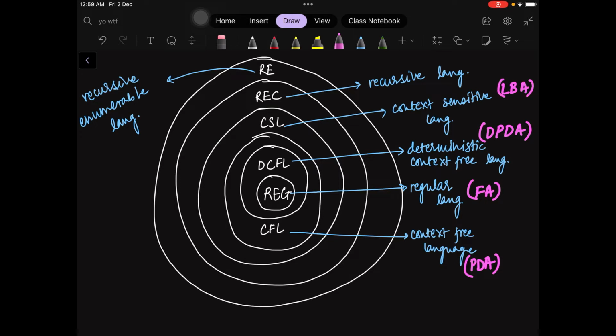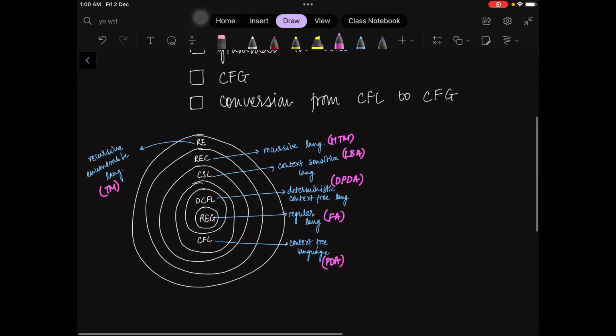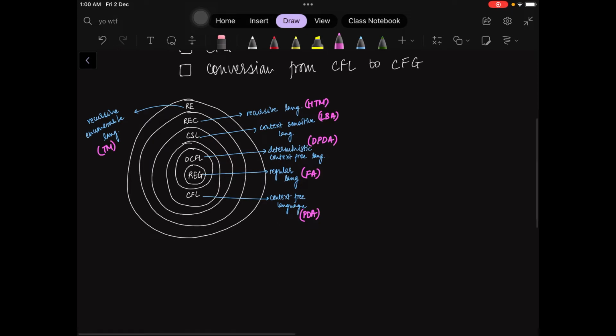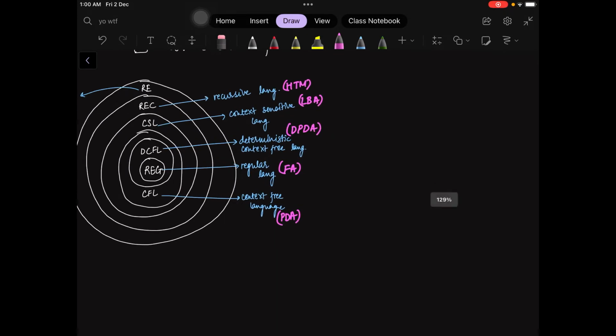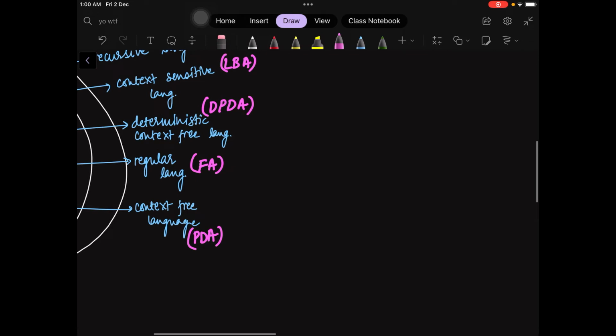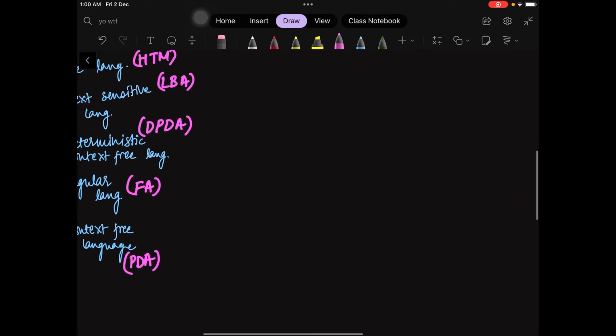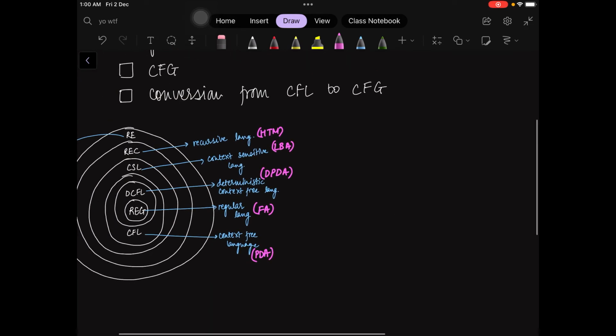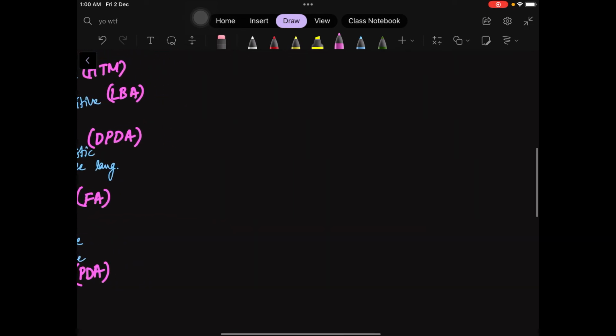Recursive language is accepted by halting Turing machine, and this is accepted by Turing machine. So as the circle shows, this is the circle for the languages present in automata. If we draw a similar circle for the grammar that accepts these particular languages, it is as follows.